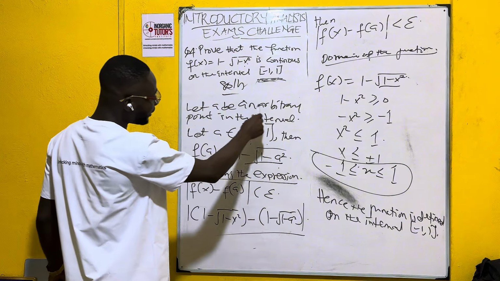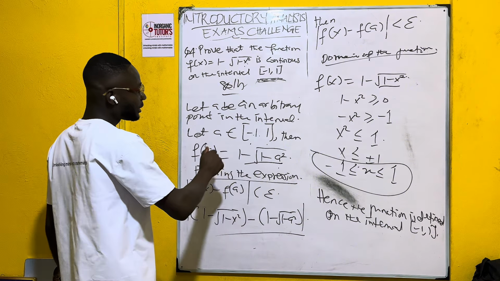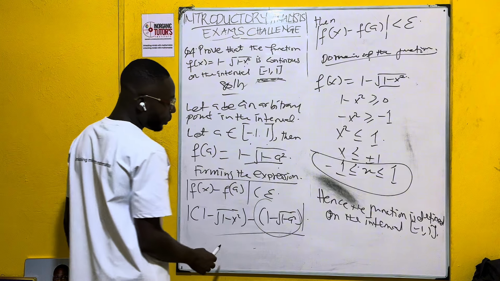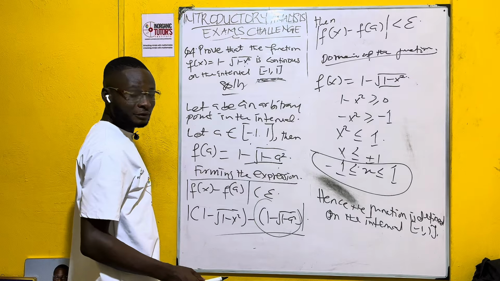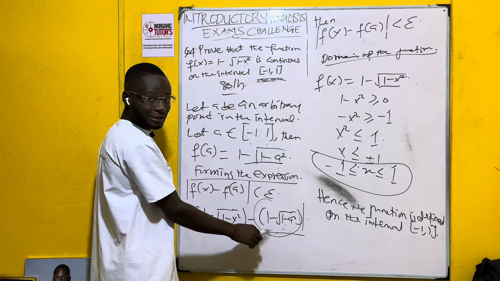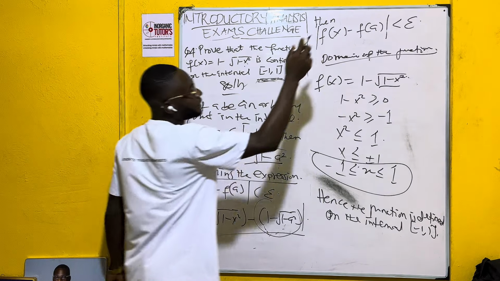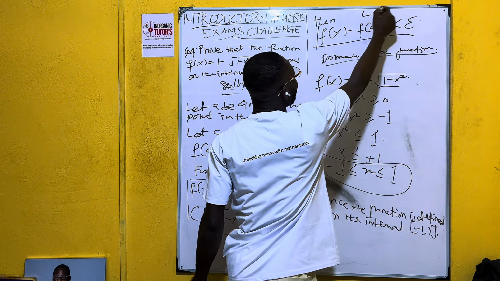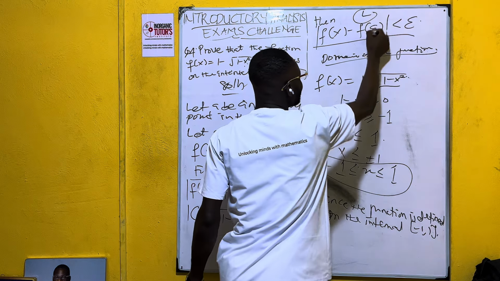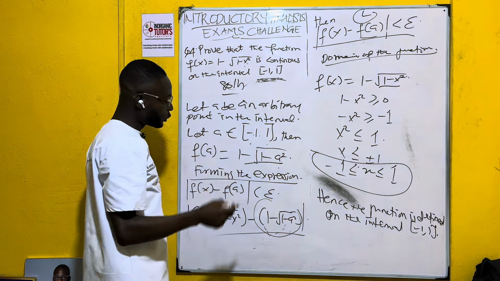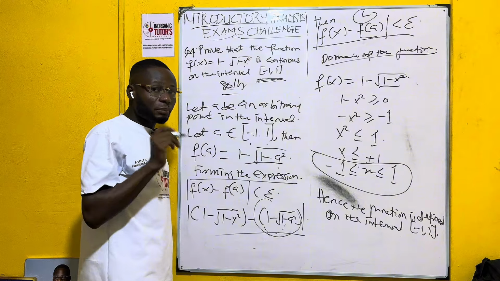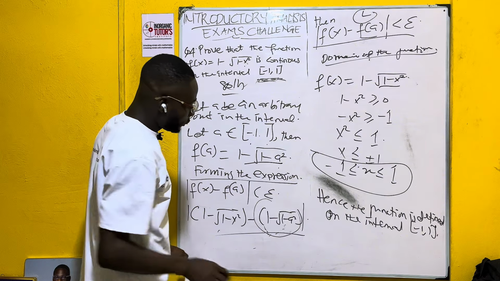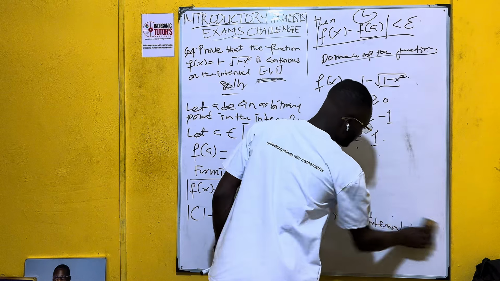Remember, we defined a to be an arbitrary point in the interval, so we are using this point as the limit. If we are defining the epsilon delta and we have the limit on the right hand side, we use the limit over here. But in here, we don't have the limit, so we have to define an arbitrary point on the interval. And that is what is happening here. So we move up here.